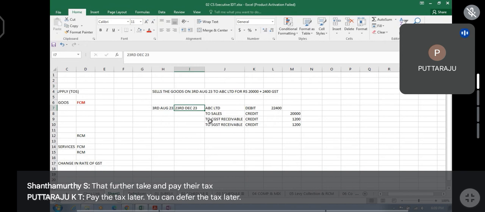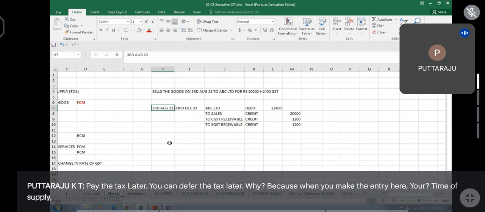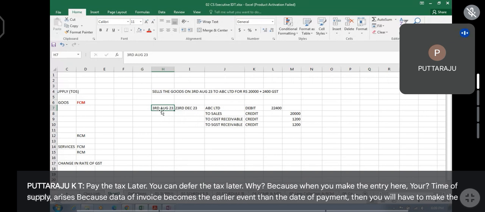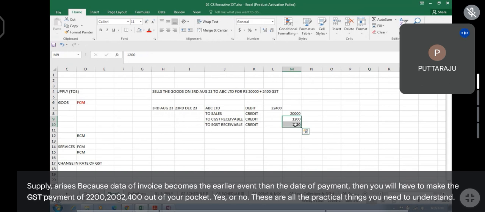Because once you make the entry here, your time of supply arises, because the date of invoice becomes the earlier event than the date of payment. Then you will have to make the GST payment of 2,400 out of your pocket. Yes or no? These are all the practical things you need to understand.